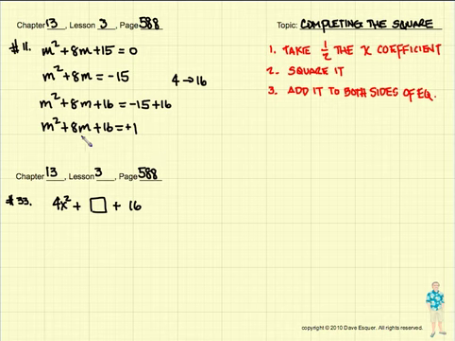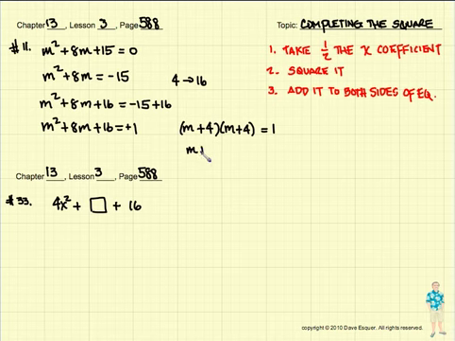If we stare at this for just a minute, we quickly realize that m squared plus 8m plus 16 is nothing more than m plus 4 times m plus 4. And that must be equal to 1.